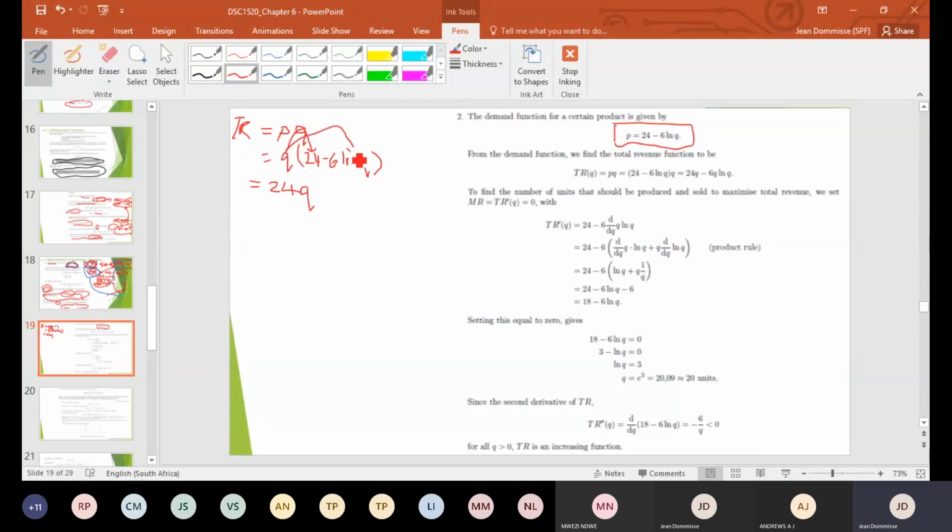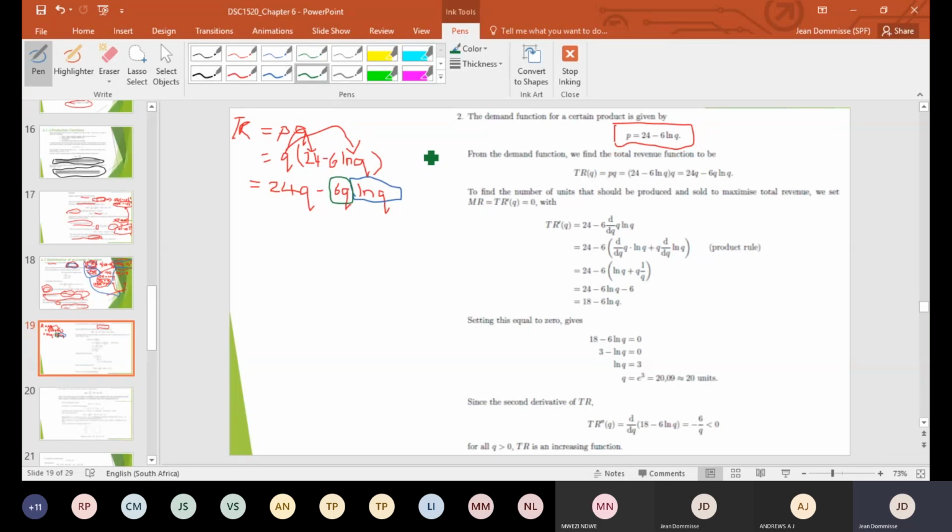Okay, so this one is the difficult one. So Q times that. So it is 6Q ln Q. So you don't change the ln Q, you only add it to the 6.